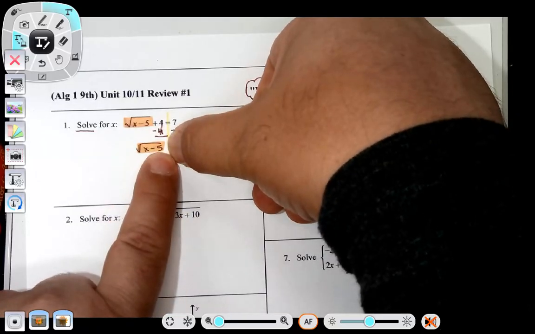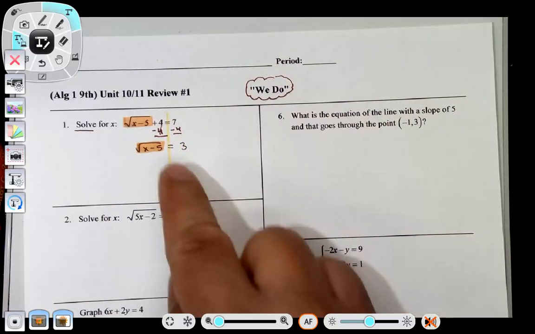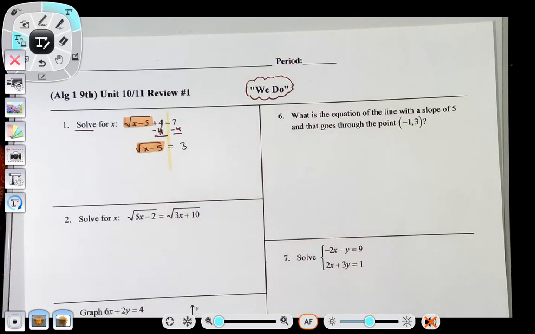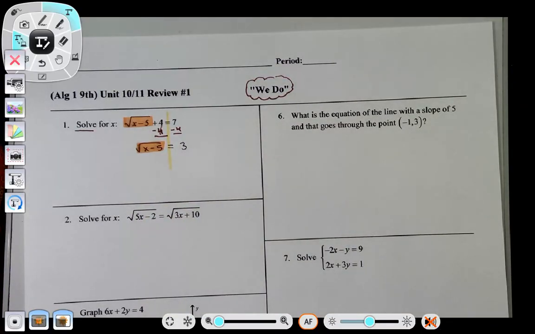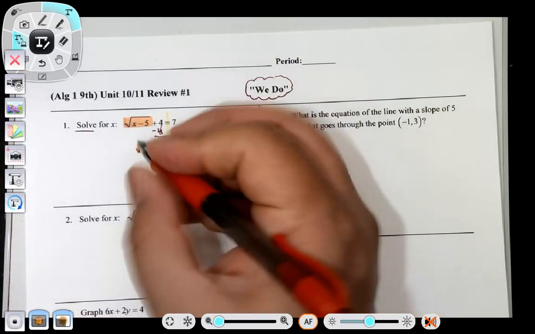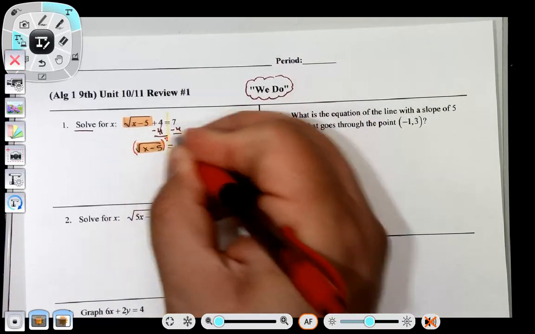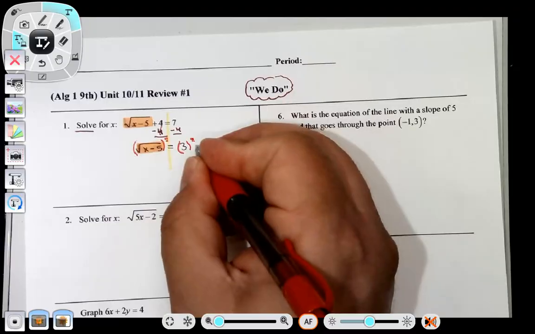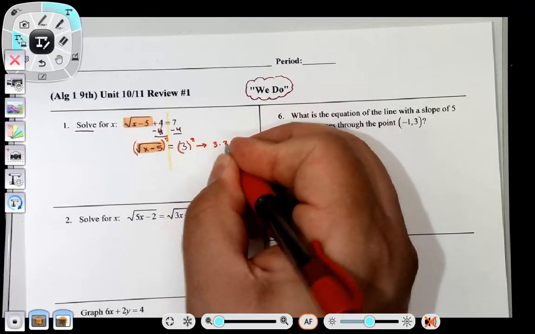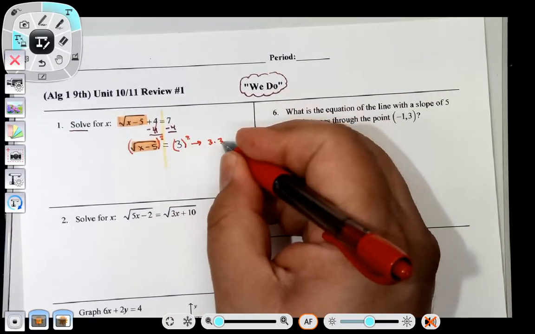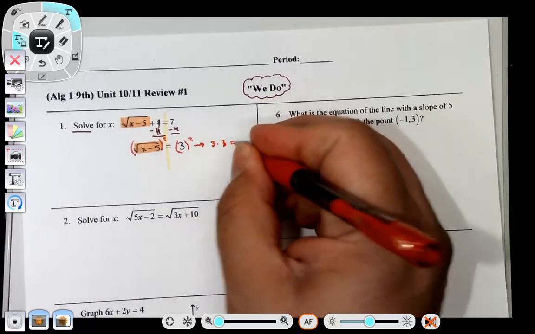Is there anything else behind it? No. And again, you cannot get rid of this 5. It's stuck in there. Well, let's get it unstuck. And the only way to get it out of there is, of course, bringing in a power of 2. Just remember that when you do give it a power of 2, it means 3 times 3, not 3 times 2 there. And so 3 times 3 is 9.